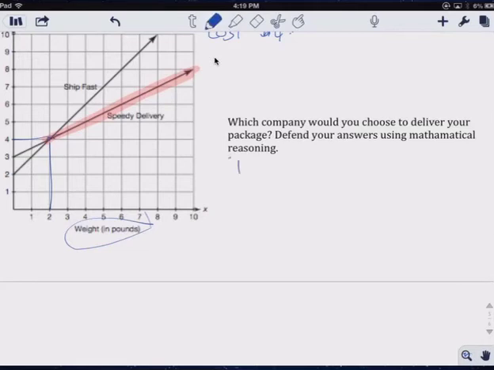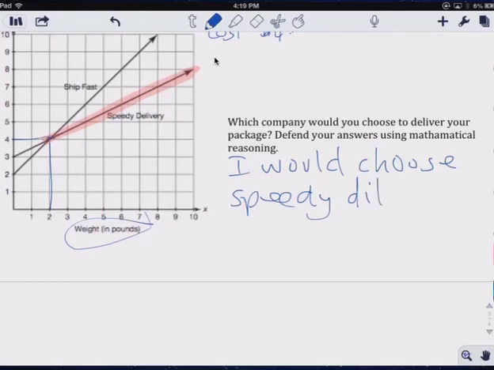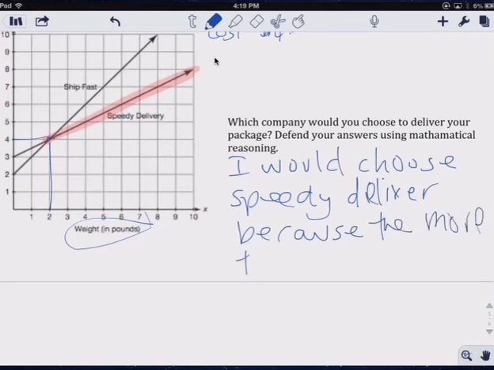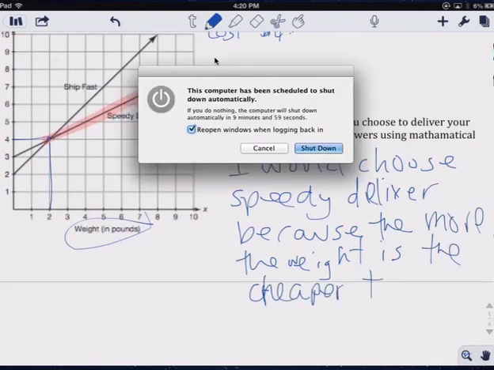So I'm going to say I would choose Speedy Delivery because the more the weight is, the cheaper the shipping costs.